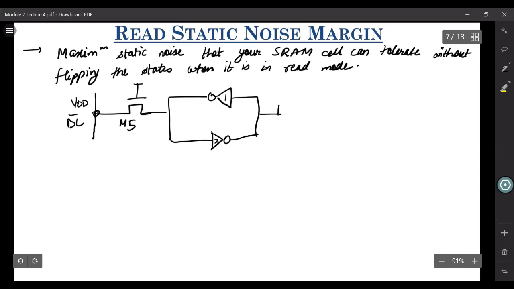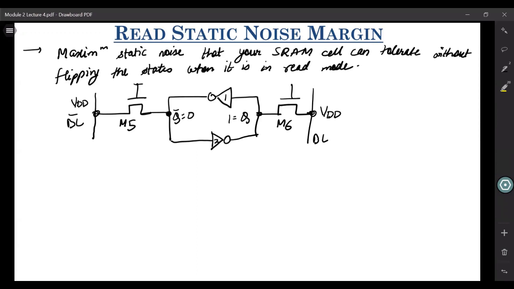And then you have M6, which is the other access transistor, and then you have bitline, which is also precharged to VDD. And we are taking the case when the Q node is storing 1 and Q bar is storing 0. So this was the case that we were discussing.